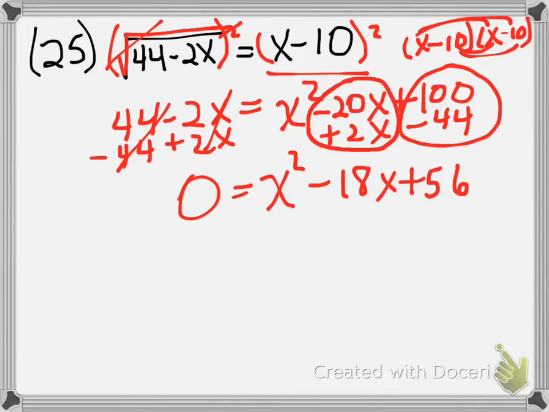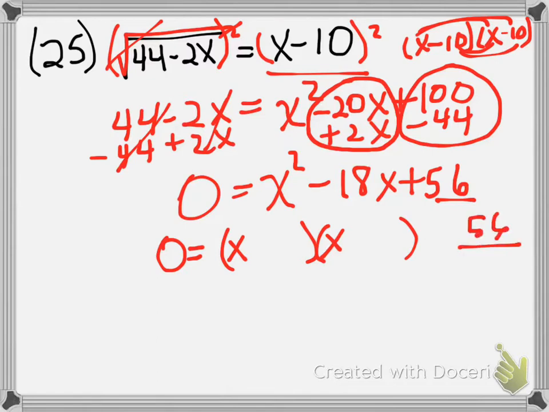Alright, so now I'm going to try factoring this. I'm going to have x and x. What multiplies to give me 56 that could add up to give me negative 18? All I can think of, let's see, 56 becomes 7 times 8. Or it could also be 4 times, oh there it is, 4 times 14.